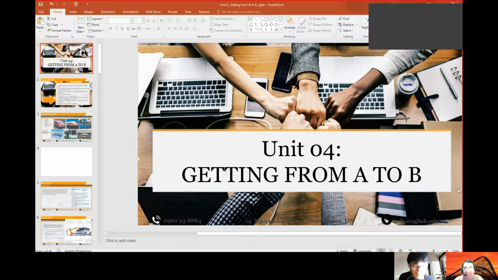It's a point wherein you are going to go to B from A, so that would be getting from A to B. If you're talking about a point, so from point A to point B, right? So there would be a connection. Before you can go to point B, you should pass through point A first, right? In order to go there. So it has a connection. That's why the title of our lesson for today is getting from A to B.